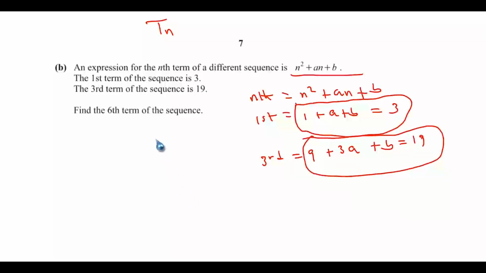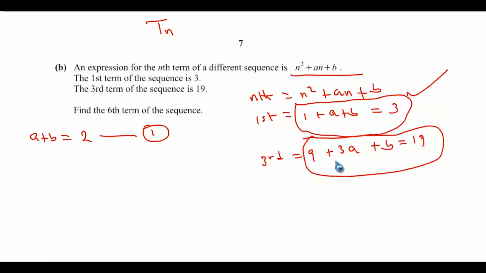We need to find the sixth term of the sequence, so we need to solve these two simultaneously. But let's rewrite this one. We have a plus b to be equals to 3 minus 1, because this one goes to the right hand side and becomes negative. So I have 3 minus 1, that will be 2. I'll call this equation 1.